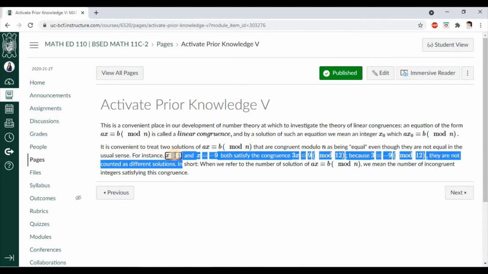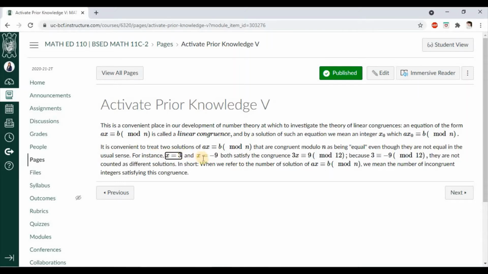For instance, we have x is equal to 3 and then x is equal to negative 9. They both satisfy this particular congruence equation. Okay? Kaso, these are not different solutions. This is just one solution. I will show you later kung bakit ganun.